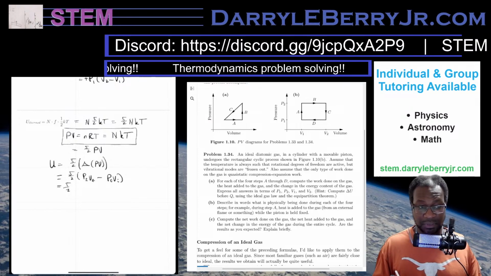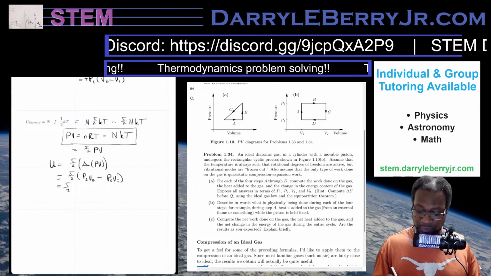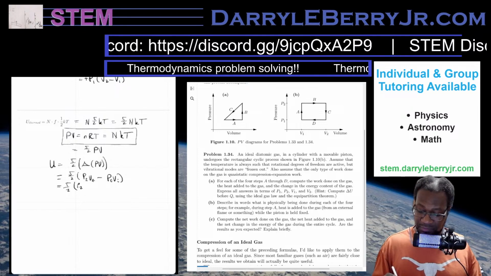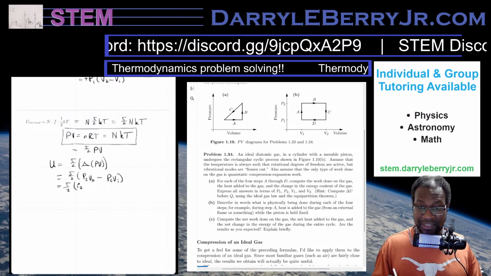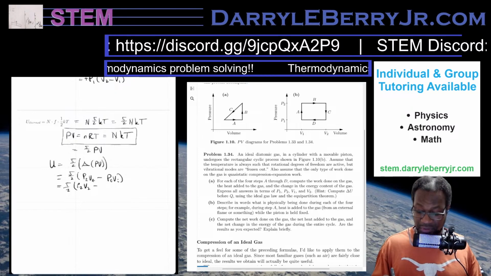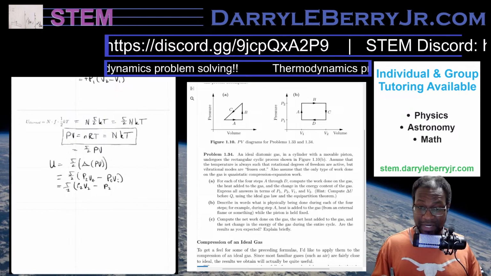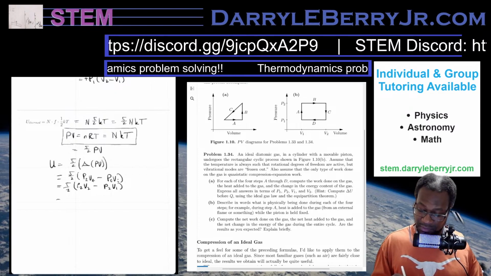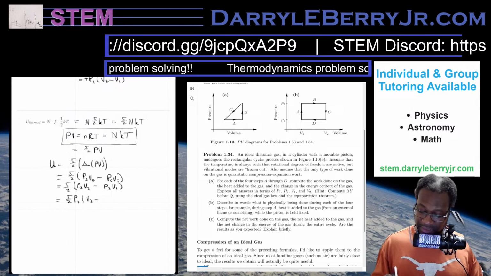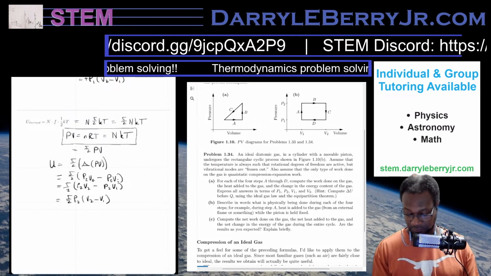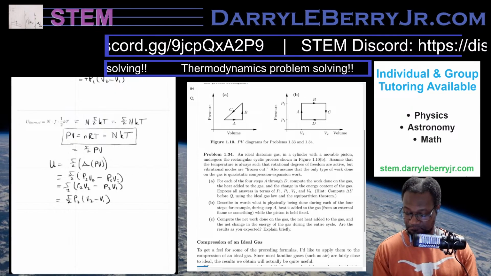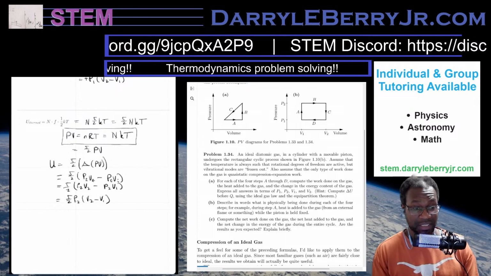So for instance, we use D, let's do B. So for B, you have the final pressure is P2, the final volume is V2, the initial pressure is P2 and the initial volume is V1. So that's 5 over 2 P2 (V2 minus V1). So it's not 0 because they're multiplied together in that way. And that's exactly what they have there.